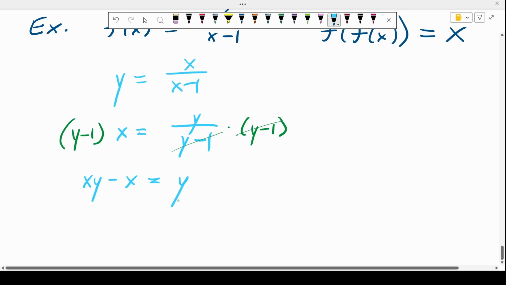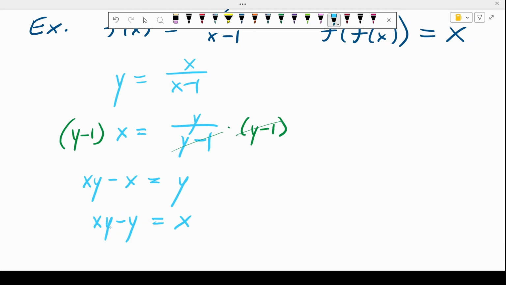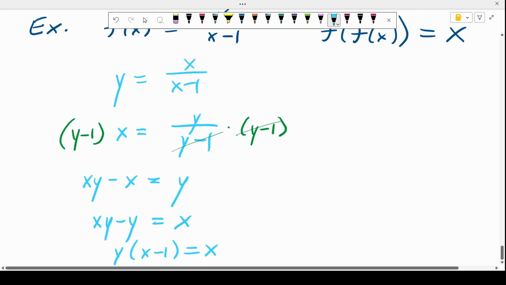Now, any term with y, I need to bring it to one side so that I can get the y by itself. So I'm going to subtract y on both sides, and I'm going to add x on both sides. Okay, I did both of those things at the same time. Finally, I will factor out this common y, like that.